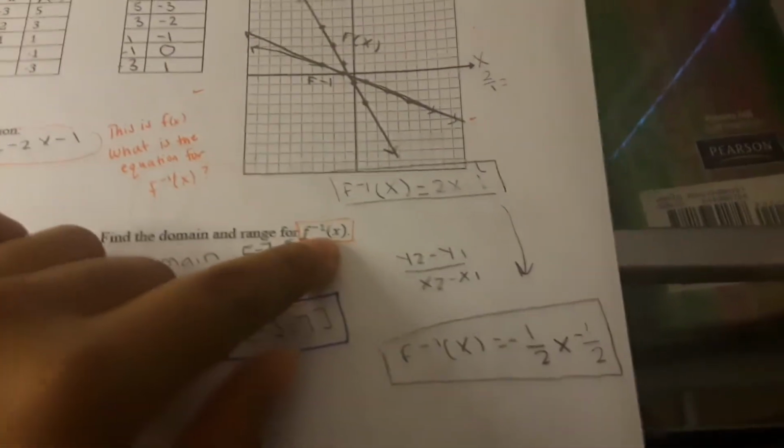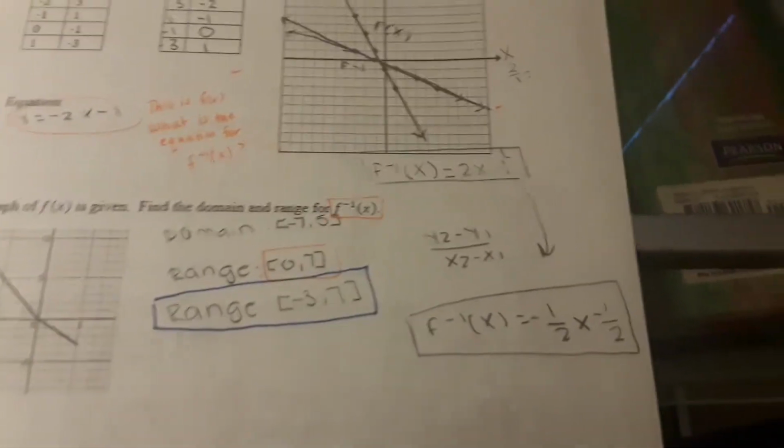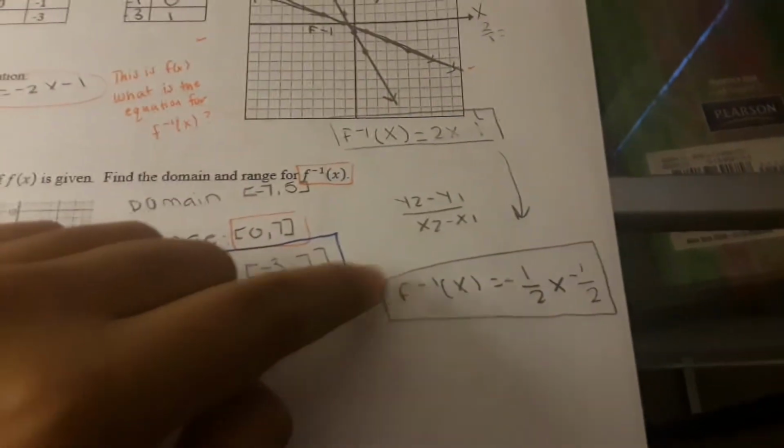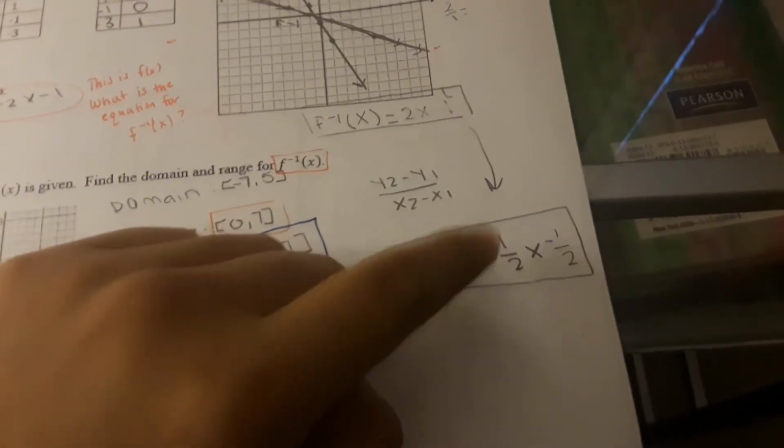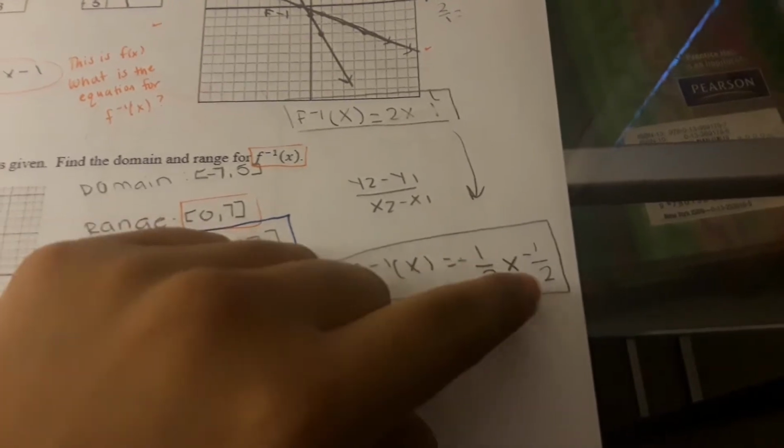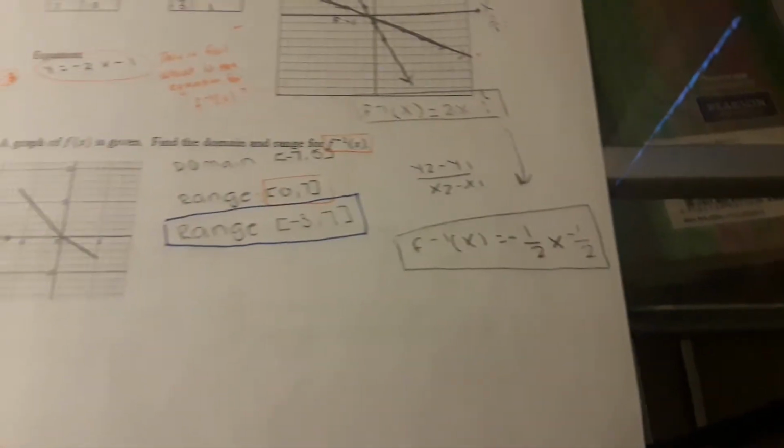The other problem I got wrong was number 14. The answer should have been f inverse of x equals negative 1 over 2 x minus negative 1 over 2.